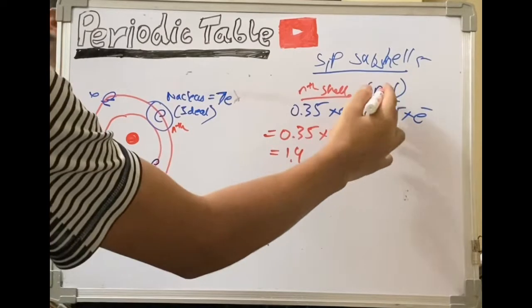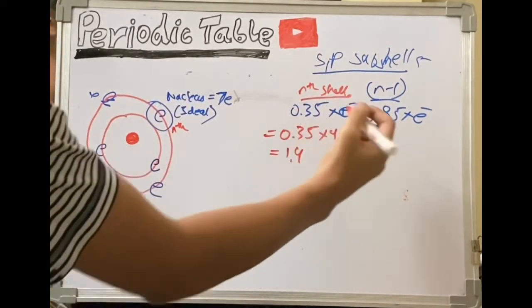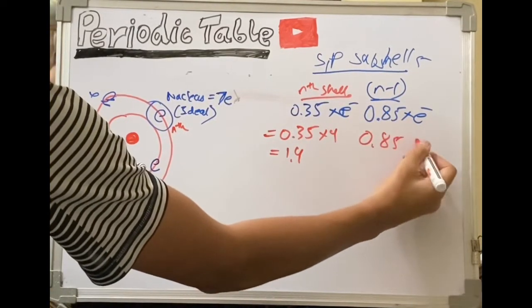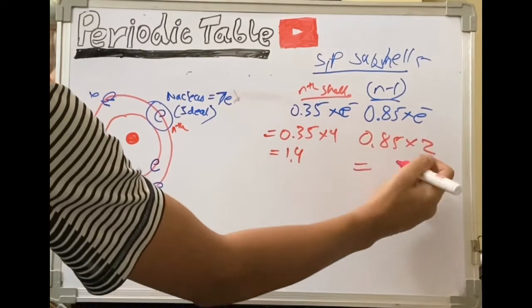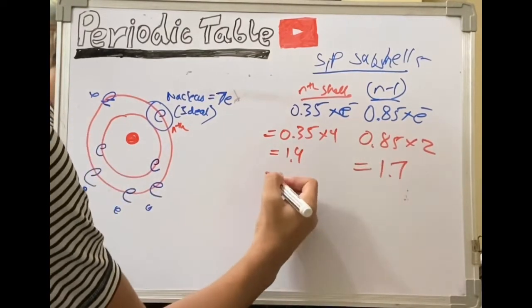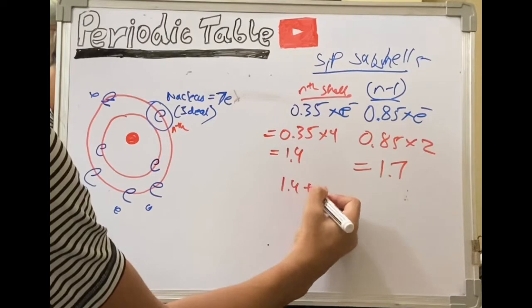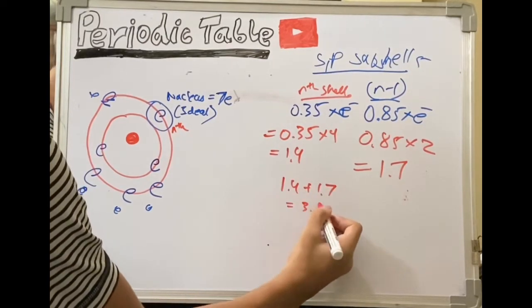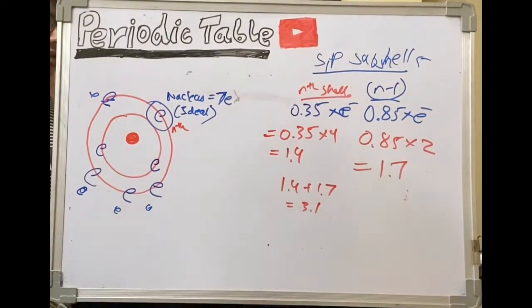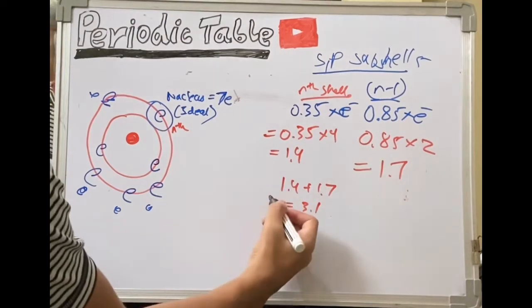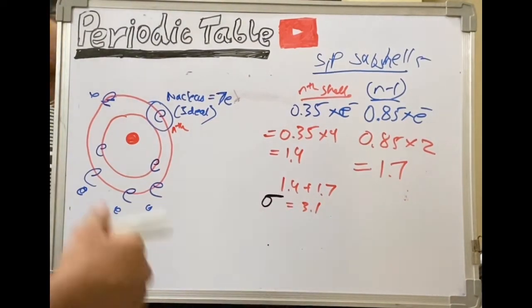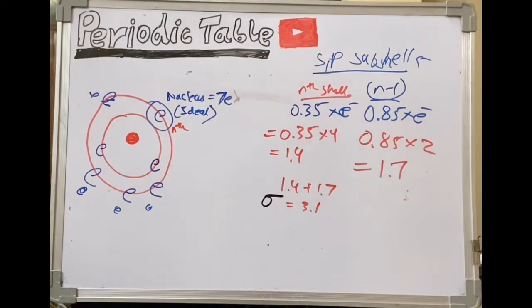In n minus 1 there are only 2 electrons, so it will be 0.85 into 2, which is equal to 1.7. Now we'll add these, so we'll get 3.1. This is the value of sigma that we got, which is the screening effect of the given electrons.